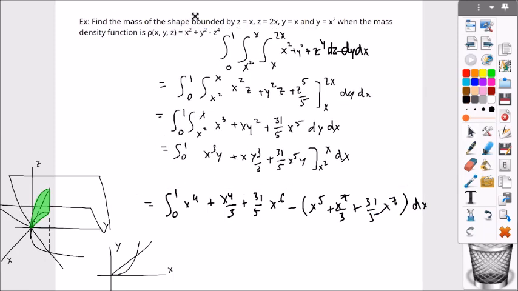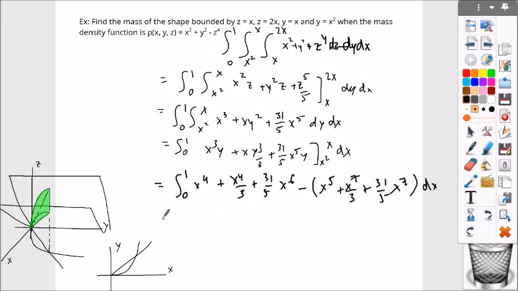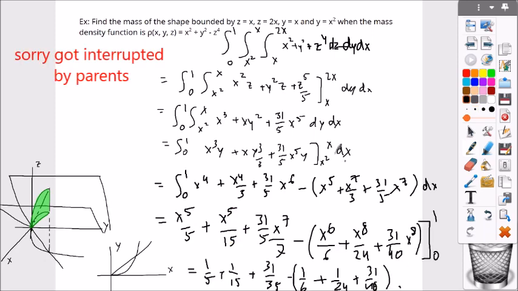And I would not simplify this, I would just evaluate it as is. So this is equal to x to the 5th over 5 plus x to the 5th over 15. So that's the mass of the shape, and I'm not simplifying that.